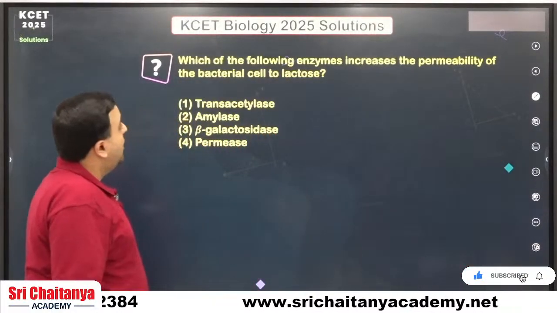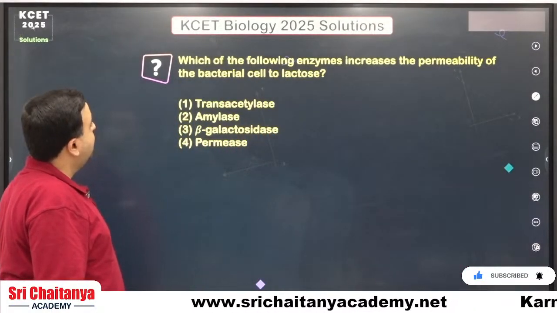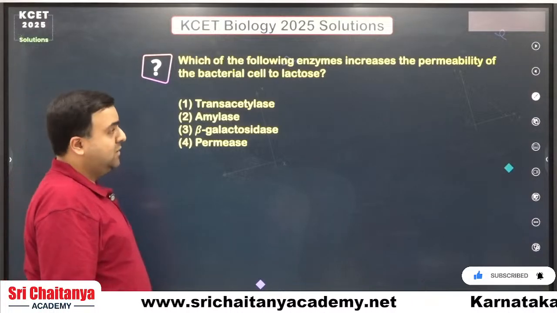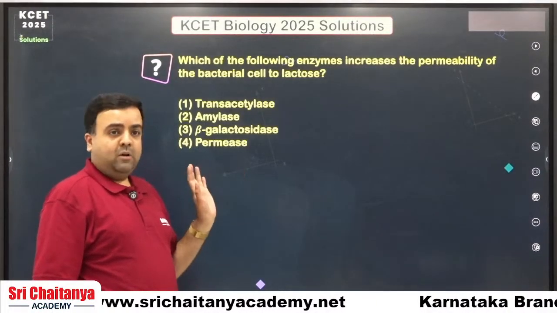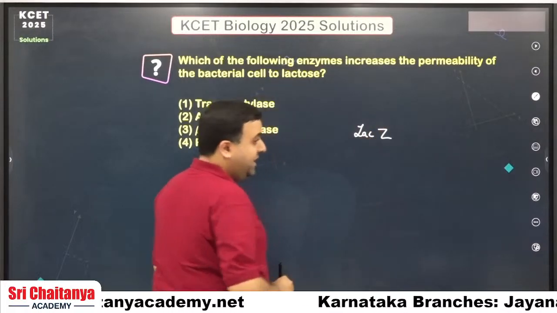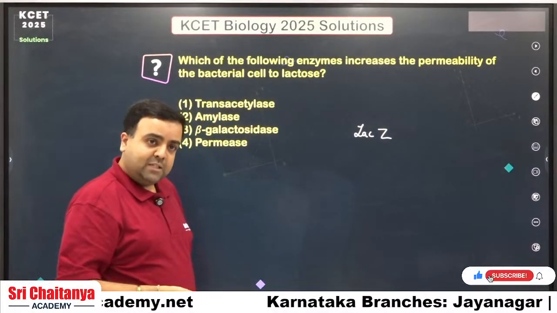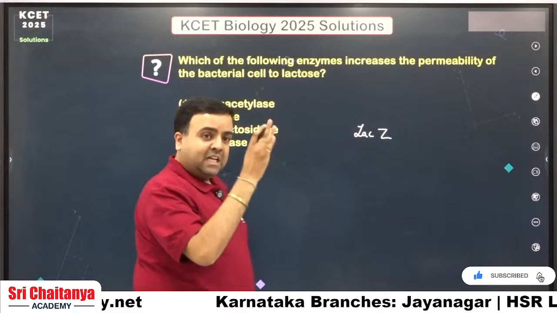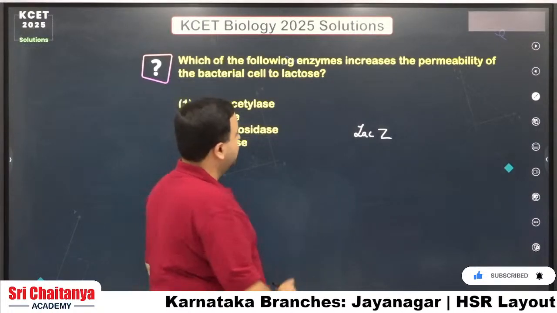Next, which of the following enzymes increase the permeability of the bacterial cell to lactose? So this is the question on the lac operon concept. So here we will have the LAC-Z gene, which codes for the enzyme beta galactosidase, which helps in cleaving the lactose into simple sugars.